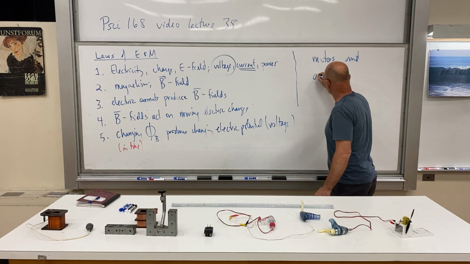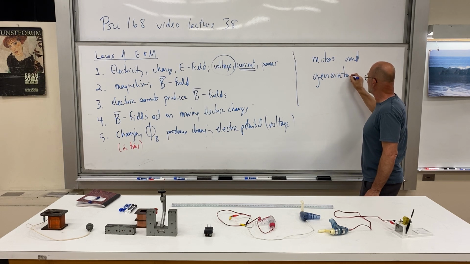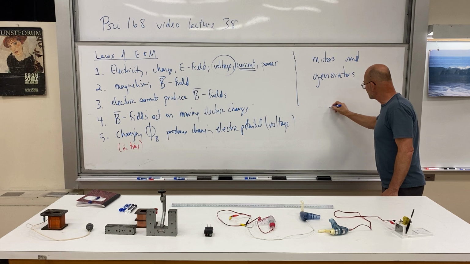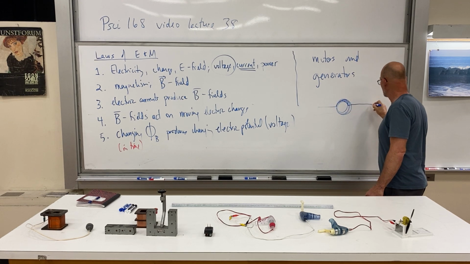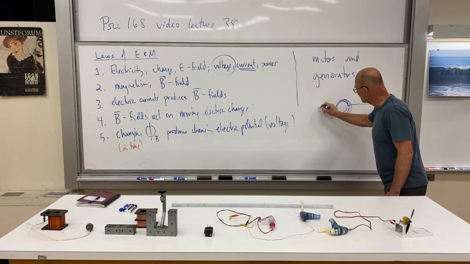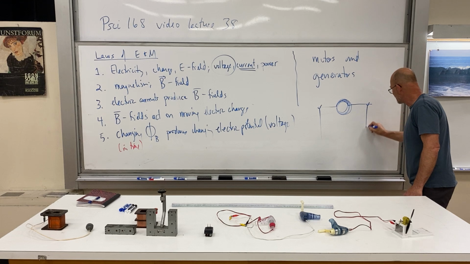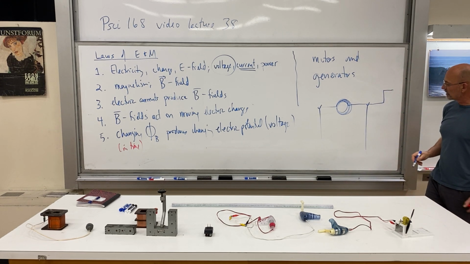And I demonstrated those in the simplest possible form. Right, in the very simplest possible form, you've got this loop of wire, coil of wire. It's suspended or in a conducting frame. And I'll indicate that I have a handle here that I can turn.